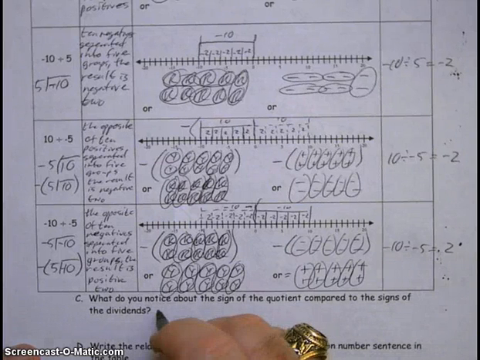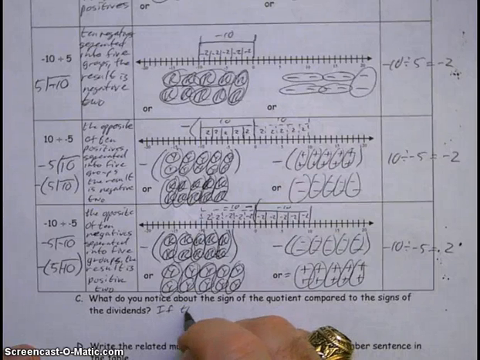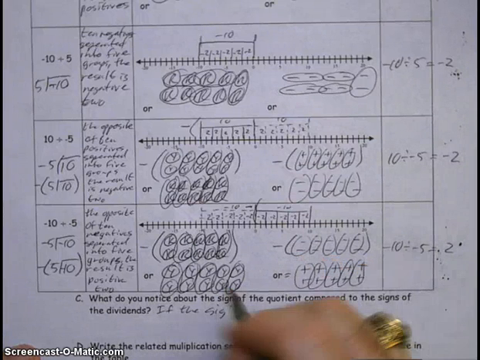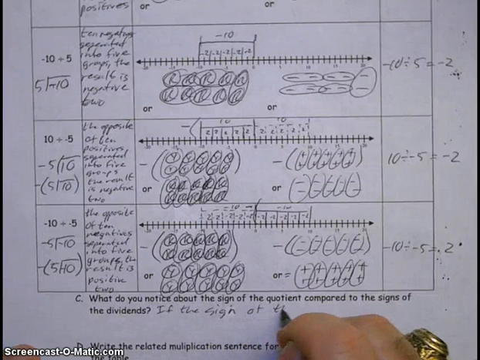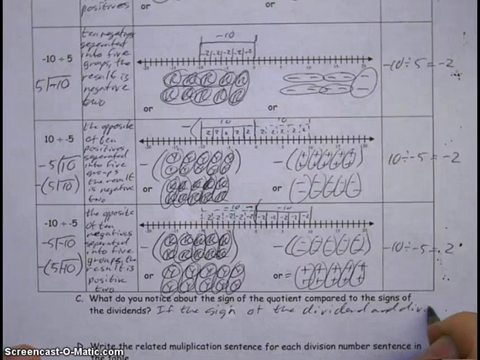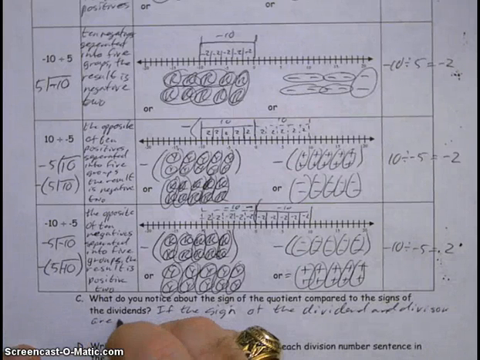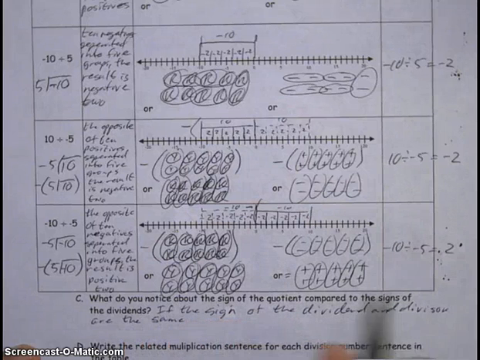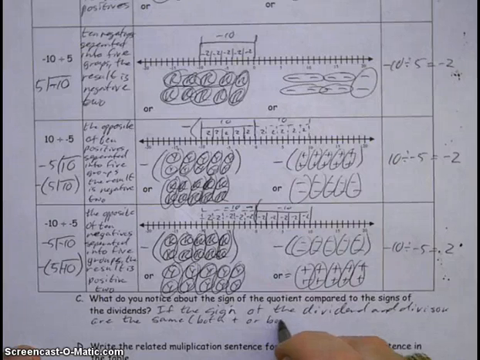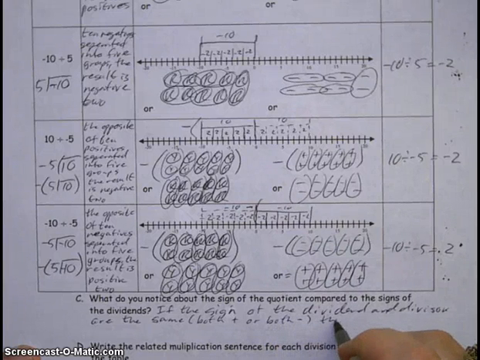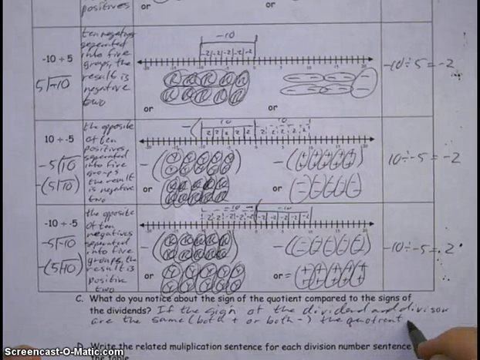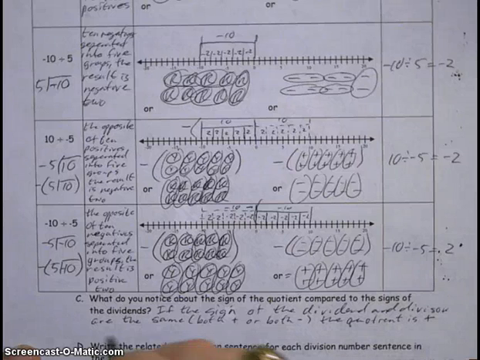So just like with multiplication, if the sign of the dividend and divisor are the same, in other words, both positive or both negative, the quotient, which is the answer, is positive.